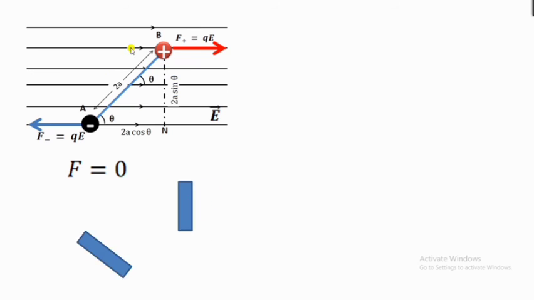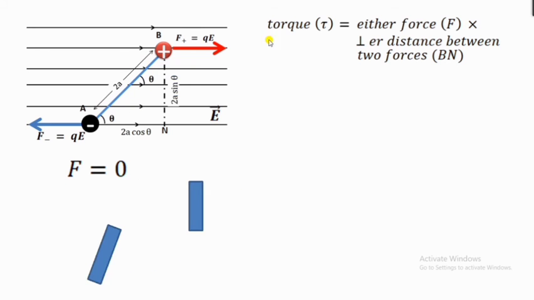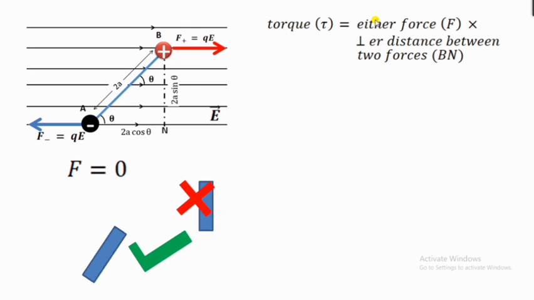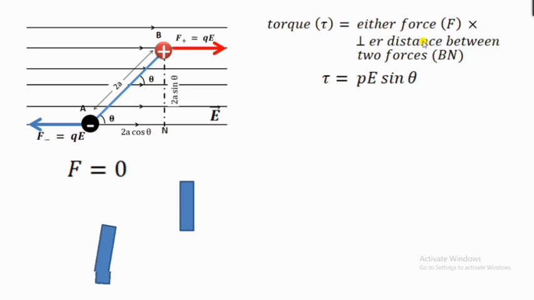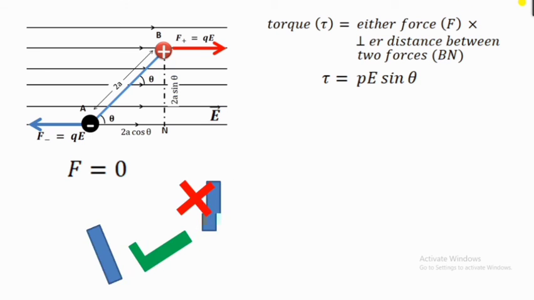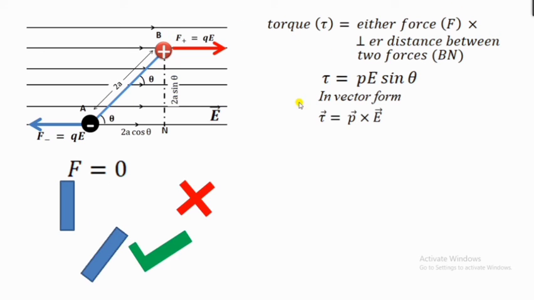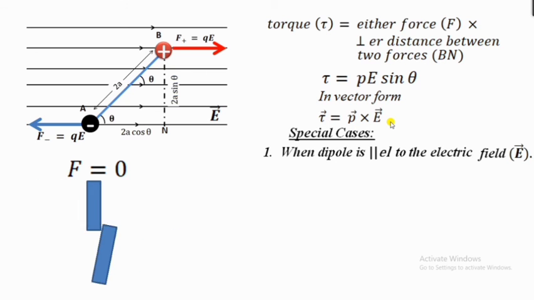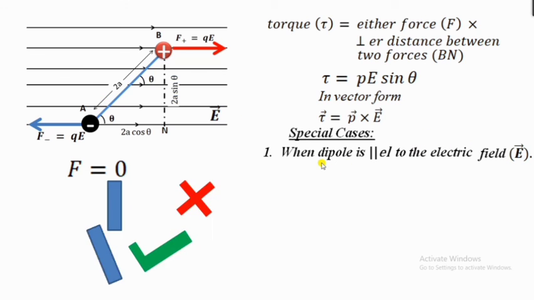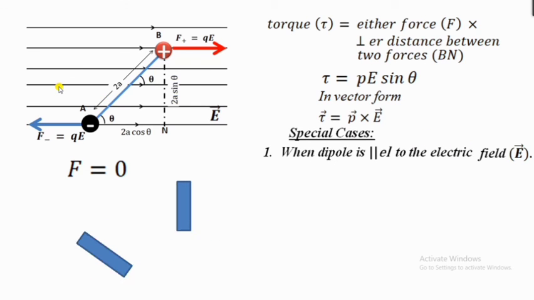When the dipole rotates, there will be torque, and the torque will be given by either force into the perpendicular distance, and the expression for the torque is tau is equal to PE sin theta, where theta is the angle between the electric field and the dipole, and in vector form tau is equal to P cross E.